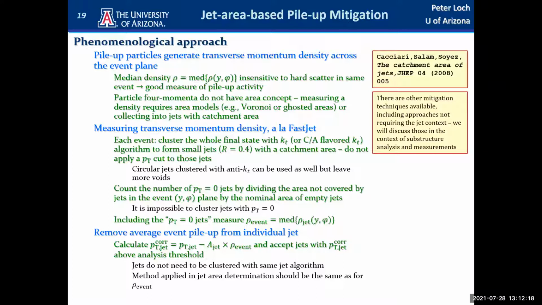The nice thing about this is that technically you don't have to cluster your hard scatter jets with exactly the same algorithm as the soft jets for the rho event measurement. That's really not needed. But the method of how the area is determined should ideally be the same. So if you decided to go for ghosted area or Voronoi, it should be consistent. Even though I don't remember any big discrepancies, I think the general attitude is that it should be consistent.